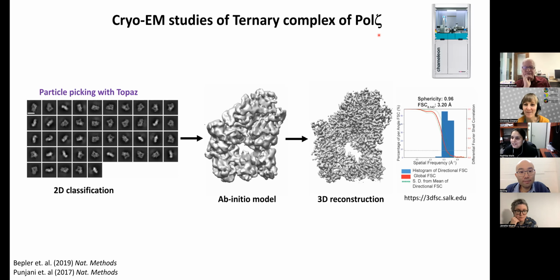I would say try everything. That would be my honest opinion, because tilting has its own drawbacks. Suppose you don't get a good grid, you are stuck with very thick ice, and tilting will not help you because you'll not be able to pick your particles, you'll not be able to see them.